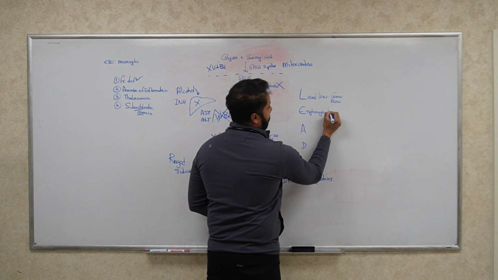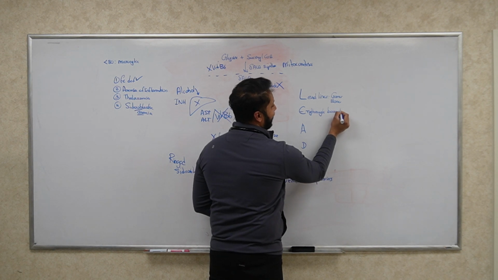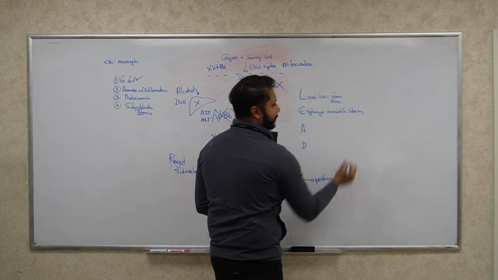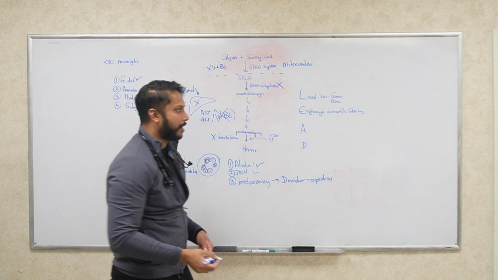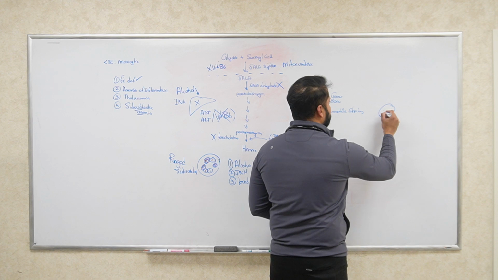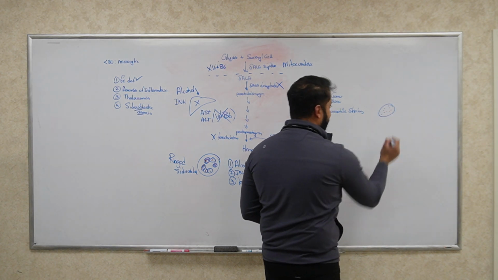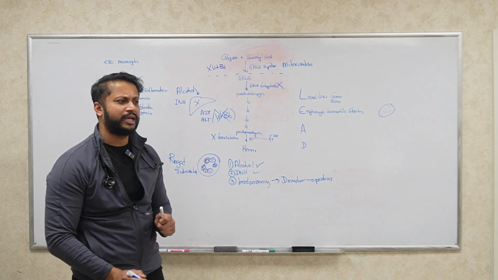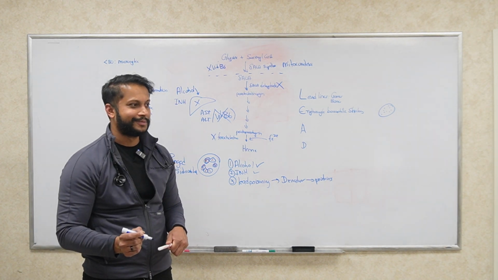Also erythrocyte basophilic stippling. What is that? That's the blue dots in the circle. So you get an RBC with a bunch of blue dots everywhere, right? This is known as erythrocyte basophilic stippling, but why does it happen?